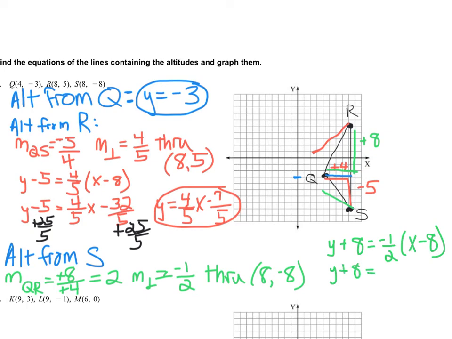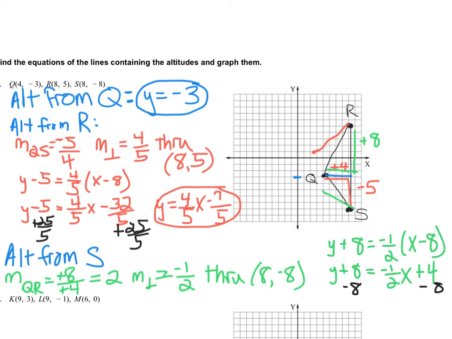And doing a little arithmetic there, distributing that negative 1/2, we would actually get positive 4. Negative times a negative is a positive. And then moving that 8 over, subtract 8. This one doesn't need any nasty, messy fractions.